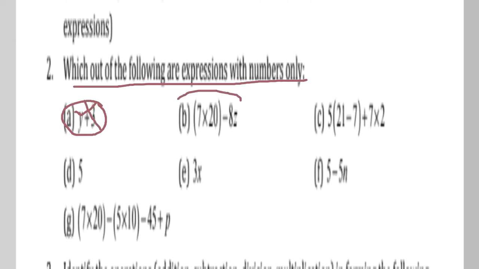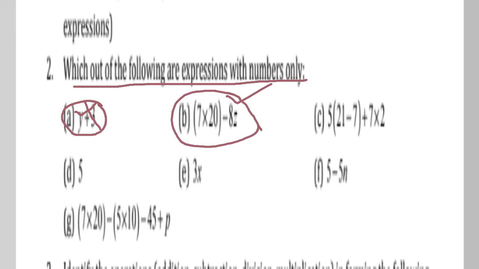Part B, you can see 7 into 20 minus 8. In this part, 7 is a constant, 20 is a constant, 8 is a constant, and you can't see any variable. So this is correct. This is an expression without variables.